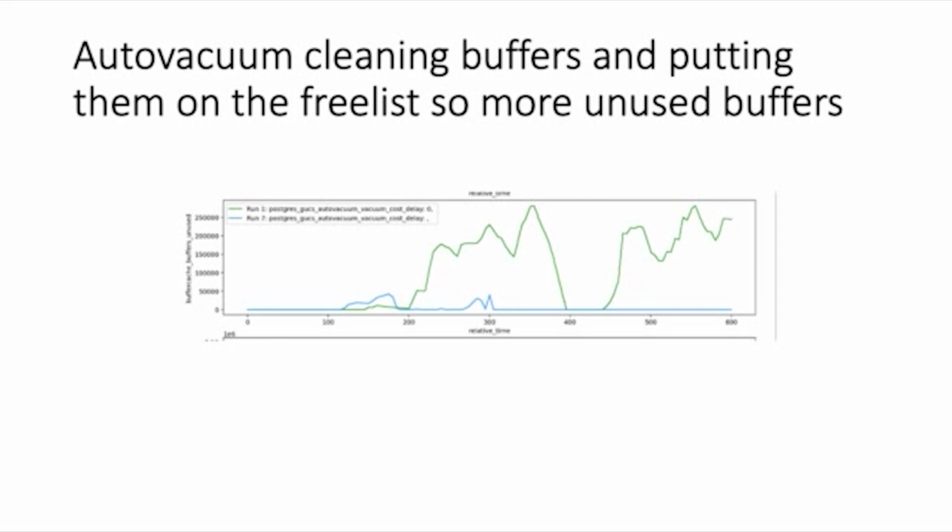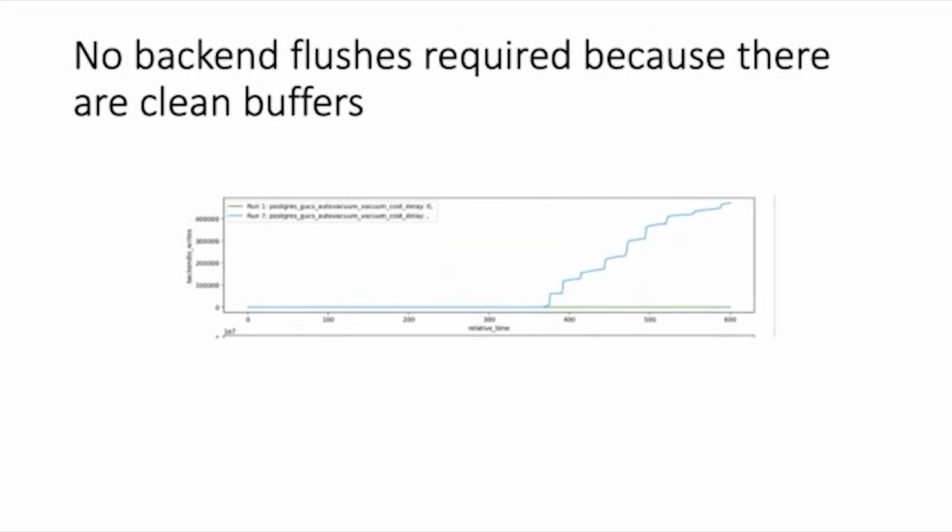The cool thing is that because vacuum's running, it's cleaning buffers and putting them back on the free list. You actually get to 0. That means that backends don't have to flush dirty data when they need a new shared buffer, which is sort of the ideal, right?